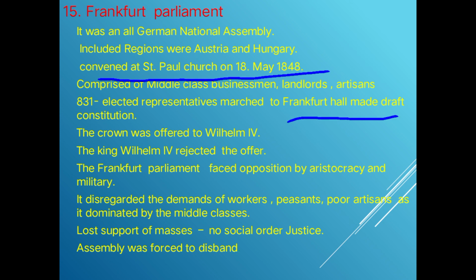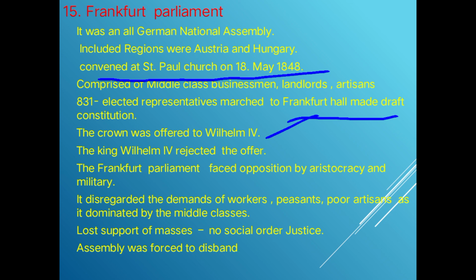When this draft constitution was offered to King William, he rejected it and said that he cannot accept a constitution made by the middle class. The Frankfurt Parliament faced opposition from the aristocracy and also the military. Also, some of the demands of the workers, peasants, and poor artisans were not taken into consideration by these elected representatives.